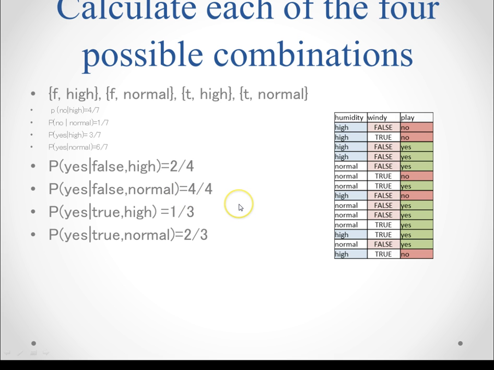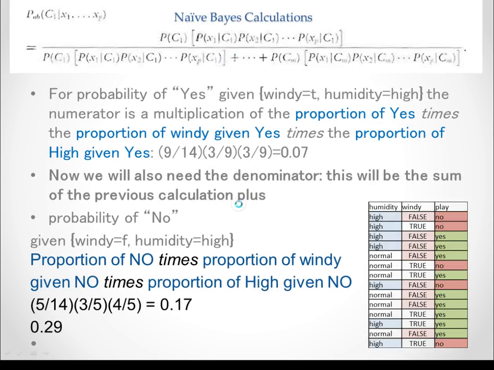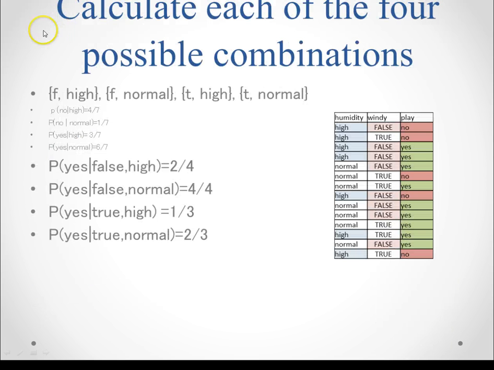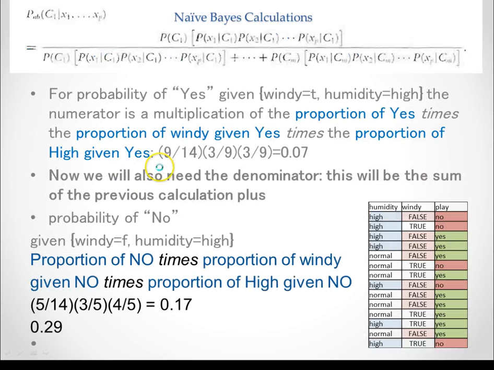So we just did calculations like this, but naive Bayes allows us to switch it to this. For example, false and high, that's x1 and x2, and then yes. Class 1 is that they play, right?